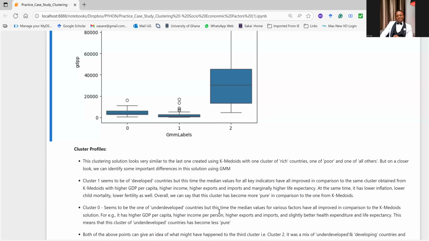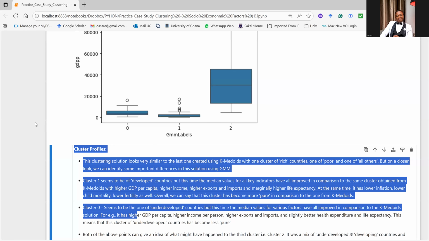It says cluster 1 seems to be developed countries. But you and I know from this result, that is more of cluster 2. So whatever it is saying here is irrelevant. The profiling here is irrelevant. You can easily profile yourself based on the results that you have seen.